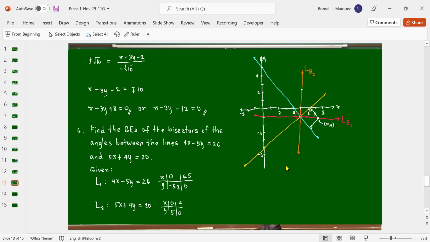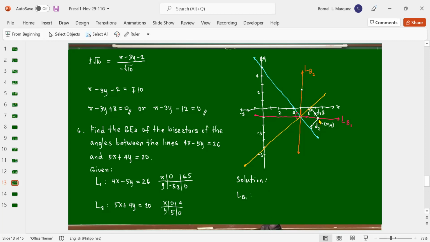Okay, guys? So for line B1, we have this distance 1, this distance 2, which we are going to take directed. How are they related?